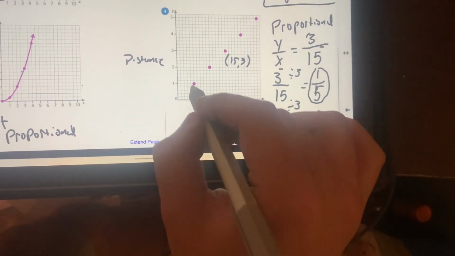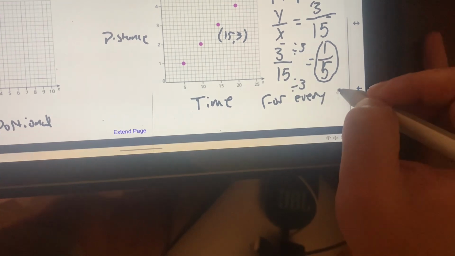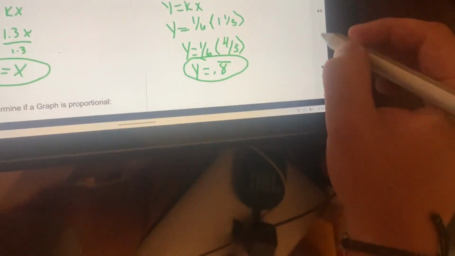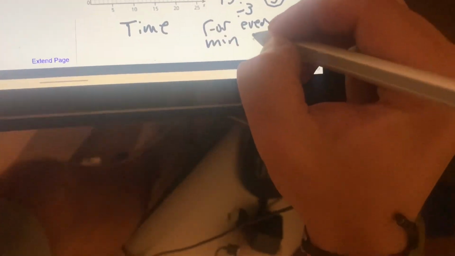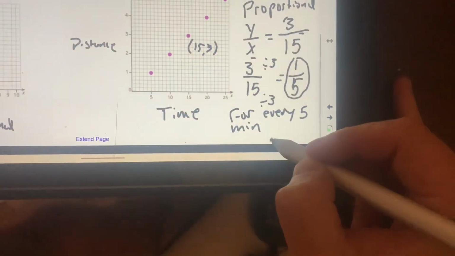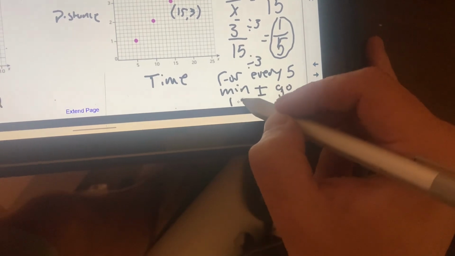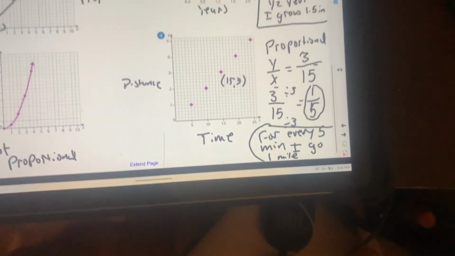So for every 5 minutes, I go 1 mile. So that's how I would read this constant of proportionality here.